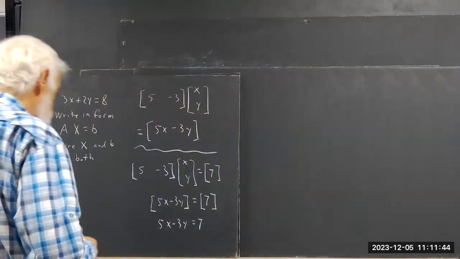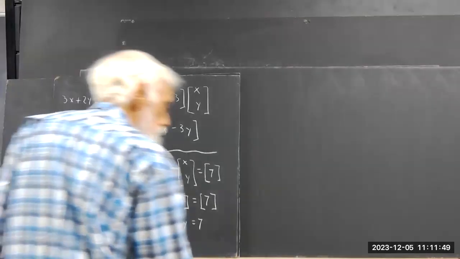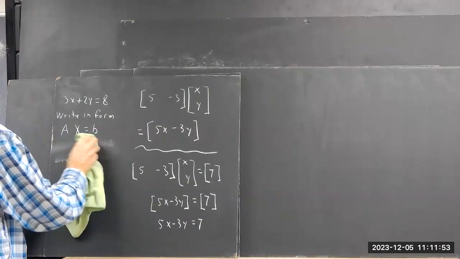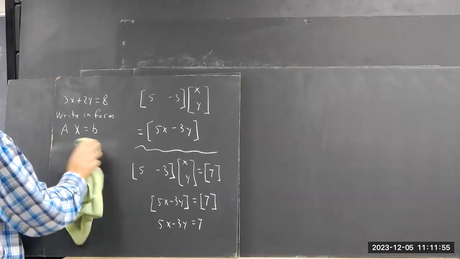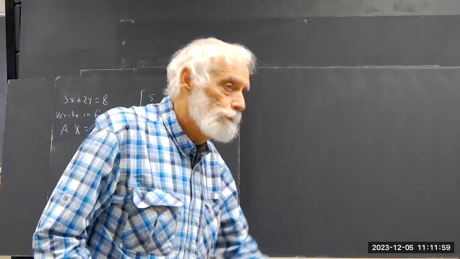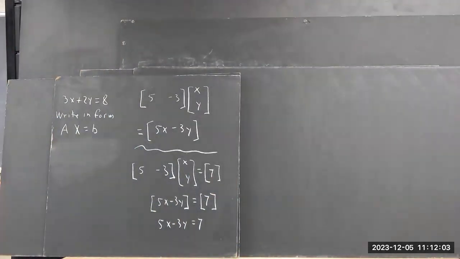Well, I'm going to save what I was about to write for the next question, okay? So I'm not going to tell you what X and B are, because I think you can tell from what you see here what X and B are. And let me make one other comment.